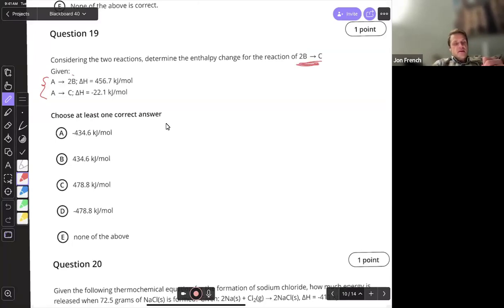It's pretty easy to see I need 2B as a reactant. So we're going to flip this reaction, 2B going to A. We flip, the delta H would be a negative 456.7, because here I went uphill. The opposite reaction would be downhill.